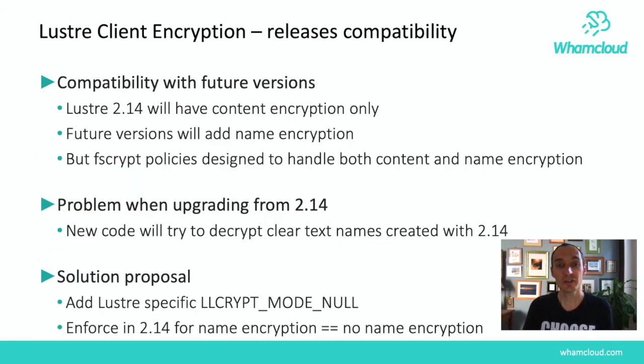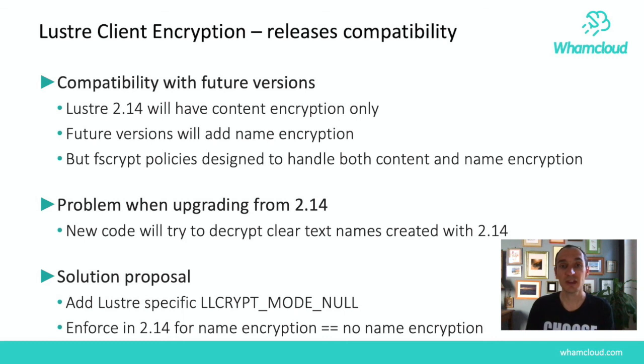So to conclude, a few words about release compatibility. Lustre 2.14 has content encryption only. Future versions, 2.15 or 2.16, will have name encryption support. But the thing is, the FSCrypt policies are designed to handle both content and name encryption.